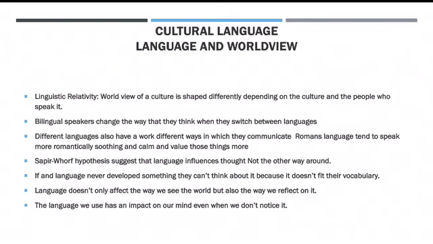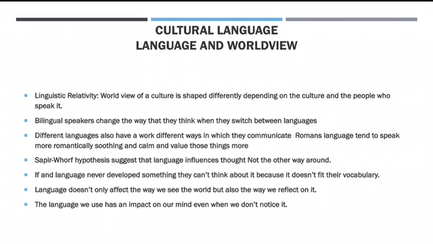The Sapir-Whorf hypothesis suggests that language influences thoughts and not the other way around. If a language never developed something, they can't think about it because it was never in their vocabulary. So, for example, let's say that in Mexico we never talked about astronomy or space.